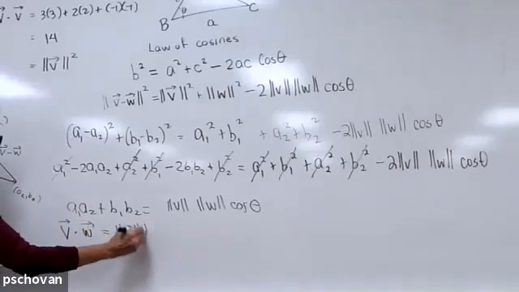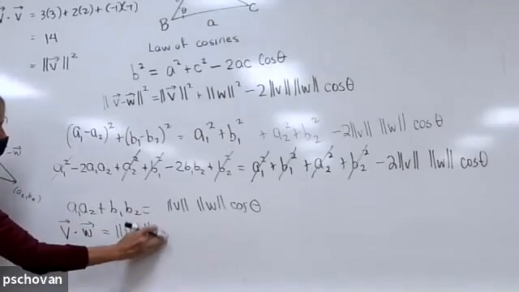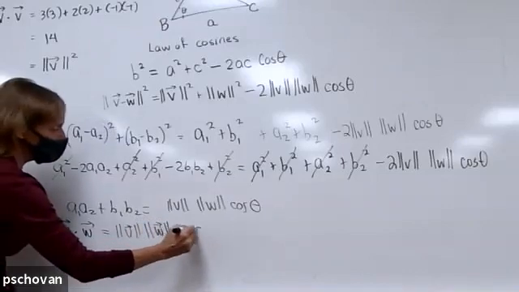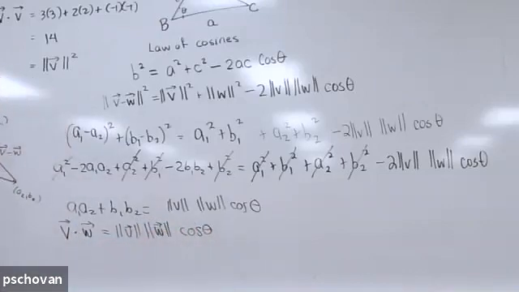Sometimes you'll see this as the definition of the dot product. But I'm going to use this to find the cosine of the angle between two vectors.